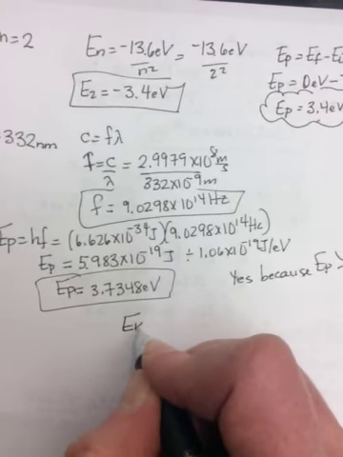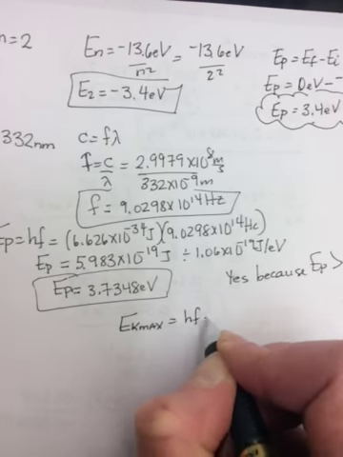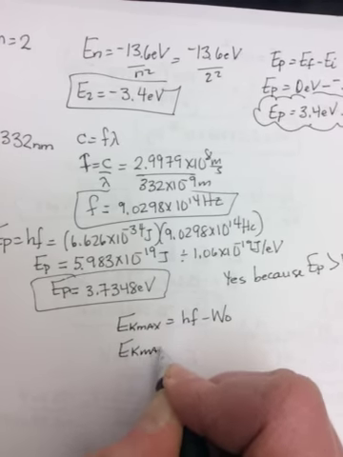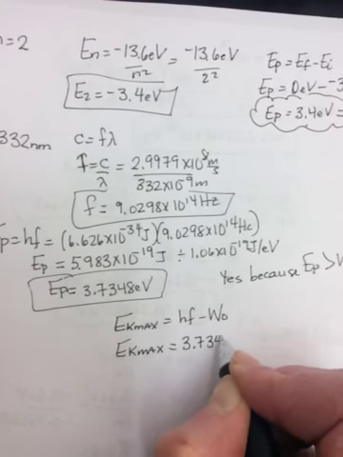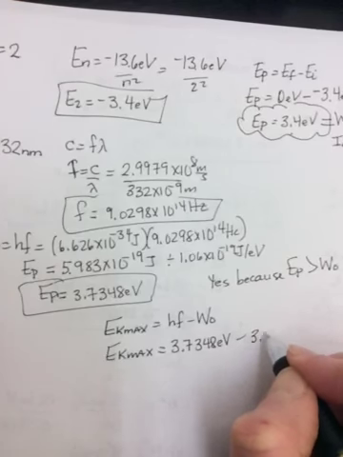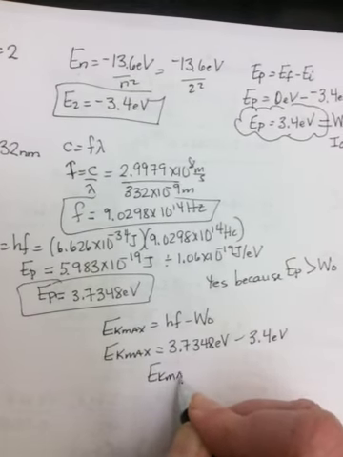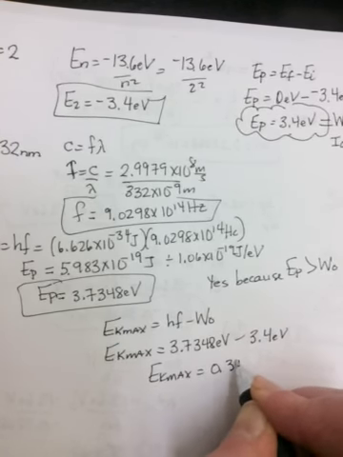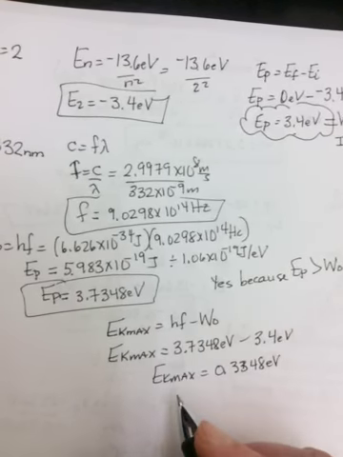In other words, we're back to our good friend, EK max is equal to hf minus W0. So EK max is equal to, we just did the hf, 3.7348 electron volts. We did the W0 up there, 3.4 electron volts. So EK max should be equal to 0.3348 electron volts.